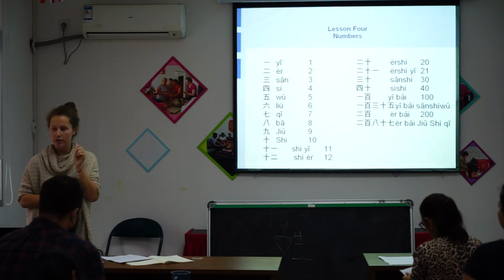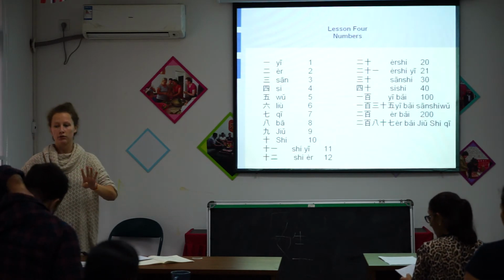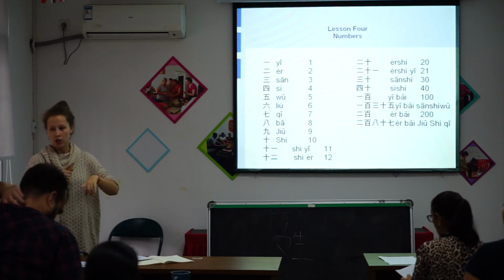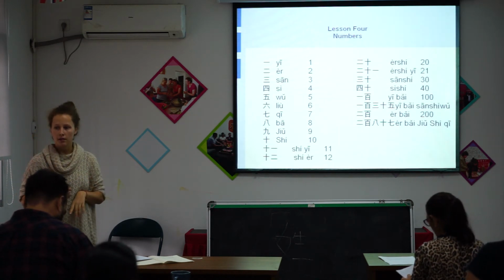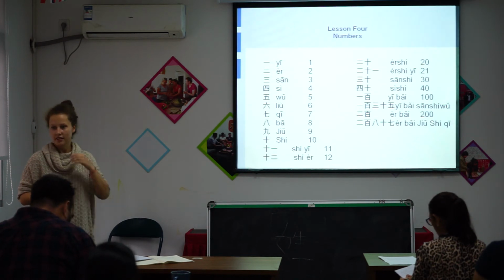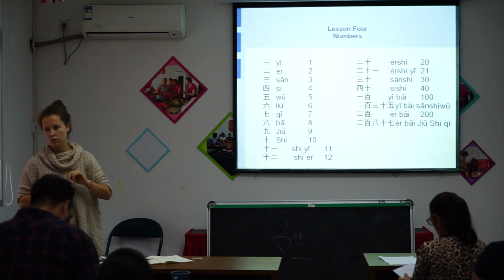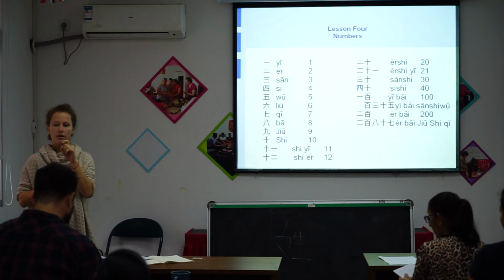So you have to listen carefully to the tone because 4 is fourth tone. 10 is second tone. Okay, okay. Yes. And sometimes people get confused if you say 6 and 9 because 9 is third tone.